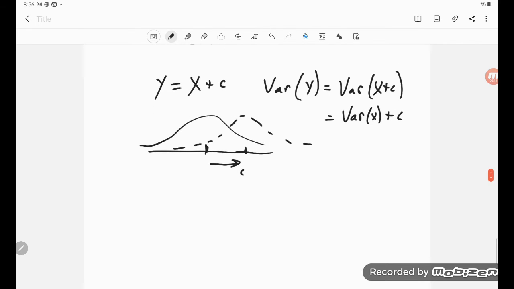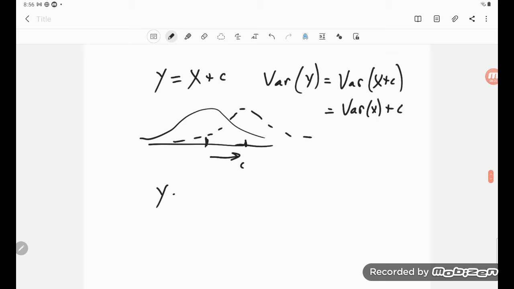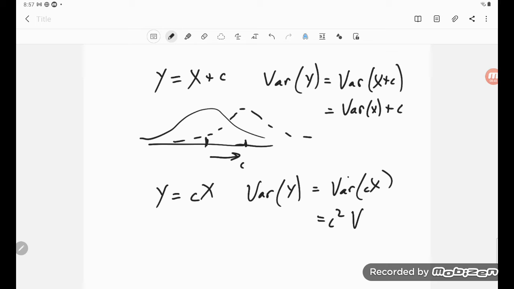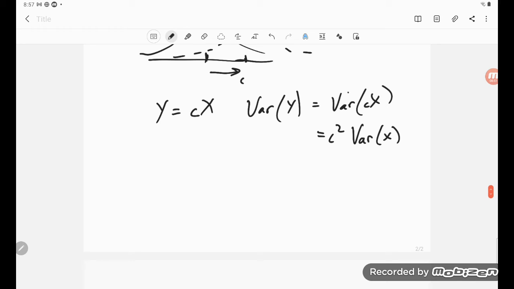And similarly, we have another one where if I multiply x by c, then the variance here ends up being, well, let me write that in, c times x. That's c squared times the variance of x. Okay, now that includes if c is negative.